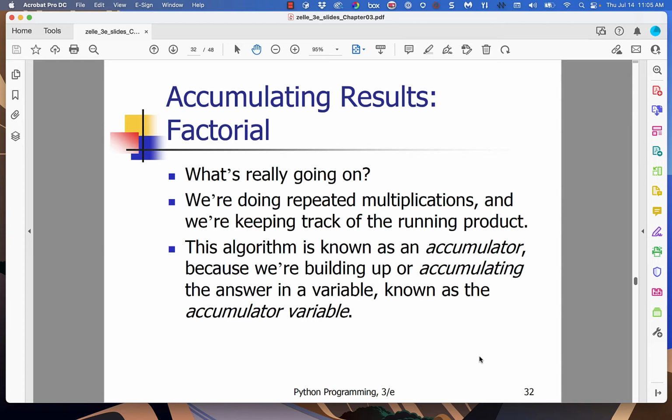So at this point in the text, we're introducing another programming design pattern that would roughly be called accumulation. It's more typically done with addition and subtraction than with multiplication, and that's why I think this is a horrible example to choose. I would have chosen addition and subtraction.